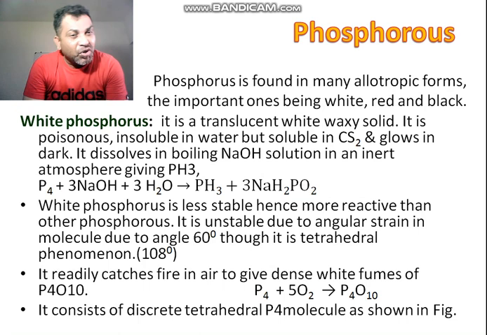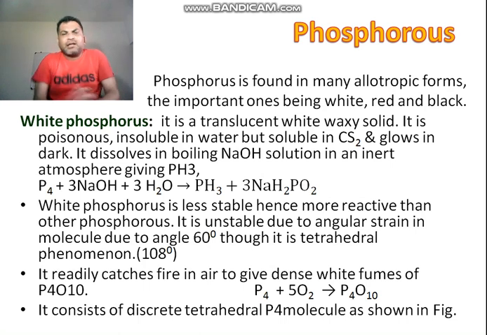But this one you have to remember, because this reaction is also very important for the preparation of phosphine. So I hope that you will keep this in mind. P4 plus 3 NaOH plus 3 H2O gives PH3 plus 3 NaH2PO2, that is known as sodium hypophosphite. Okay, so this will be our task.